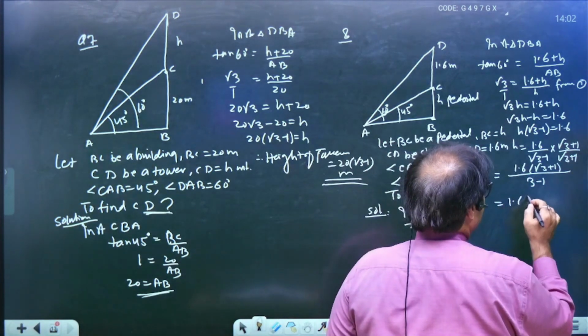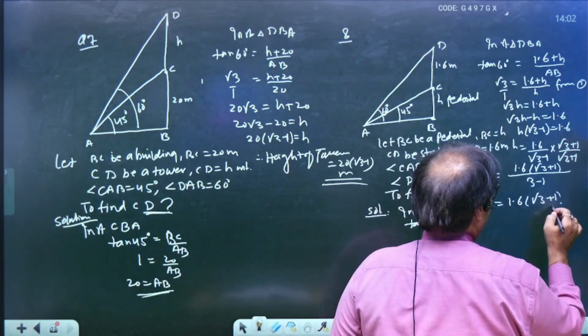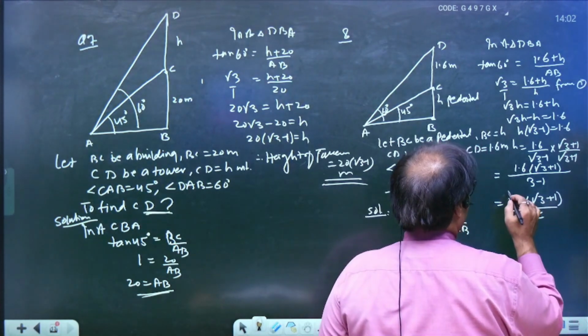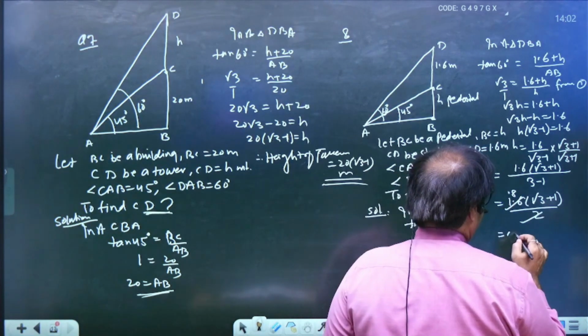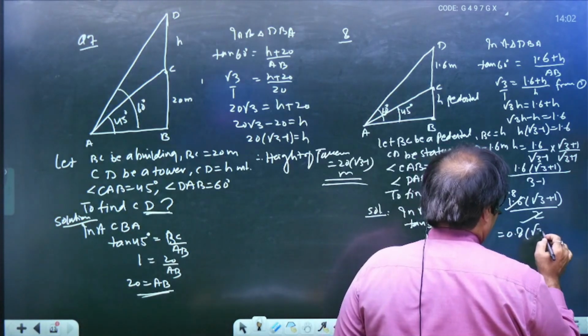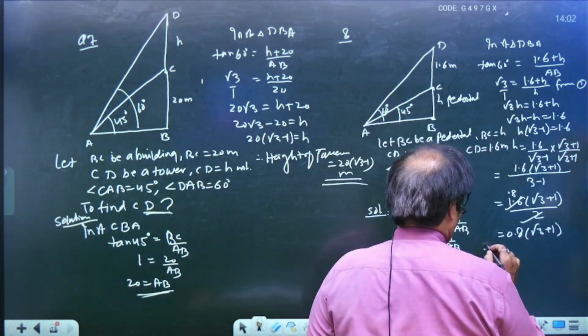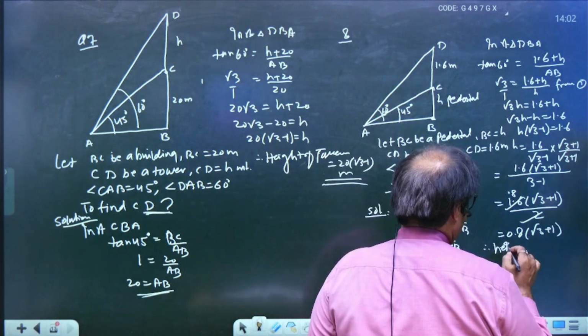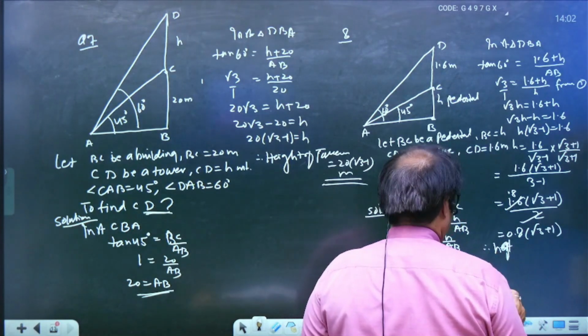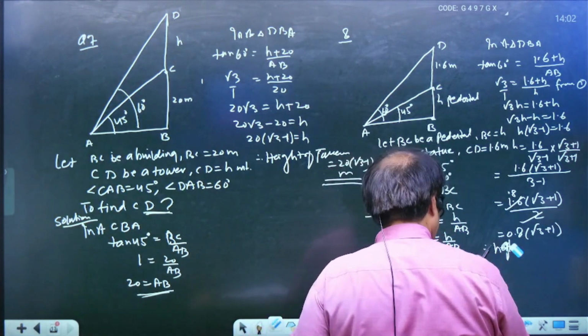So 1.6 into root 3 plus 1 divided by 2. This will cancel out to 0.8 into root 3 plus 1. So therefore the height of the pedestal.